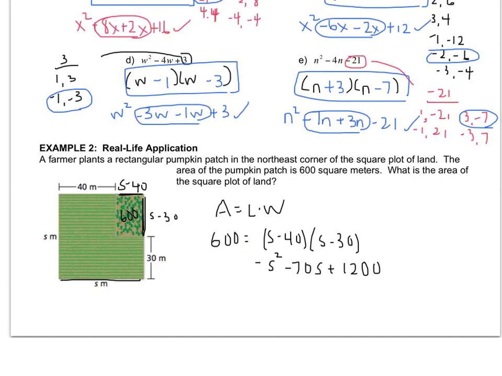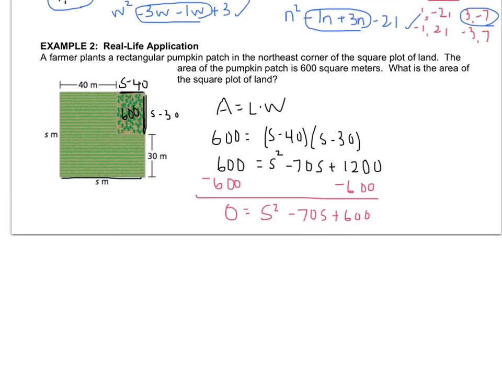That's what I got, and now I'm just going to bring down the 600 equals. In order to solve this, we want to use the zero product property, so we have to get this 600 to the other side, and that way we can use the zero product property. So I'm just going to move the 600 over.